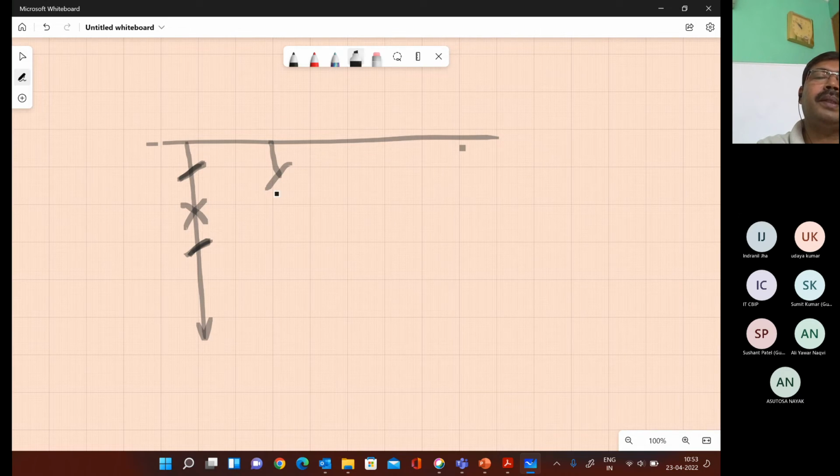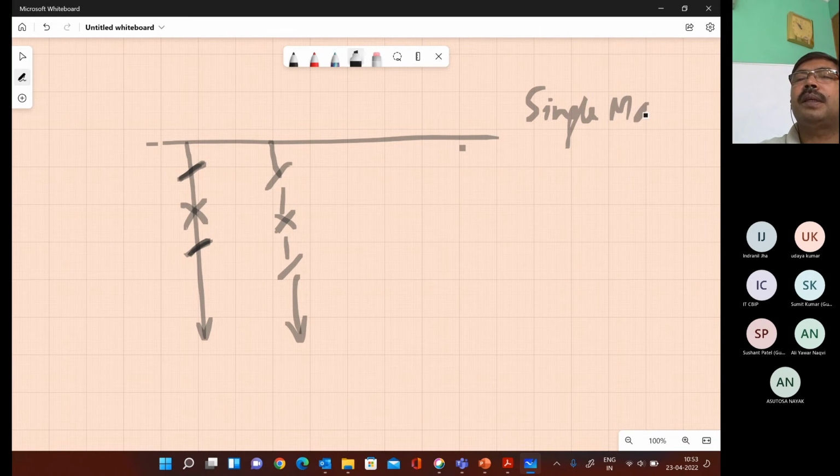So there will be another feeder, another breaker. A substation has not only one feeder. This is something like the supply in our houses also. This is a single main bus. There may be another feeder.